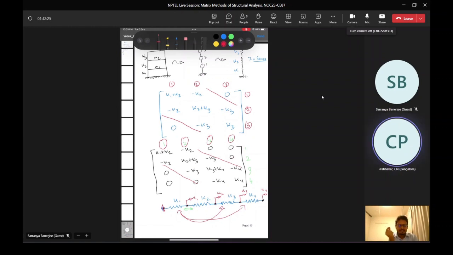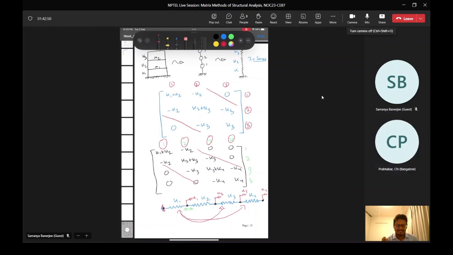So you see element 3 and element 4 of the first column are 0, because K3 and K4 are not participating in the forces due to the first displacement U1. Can we understand?